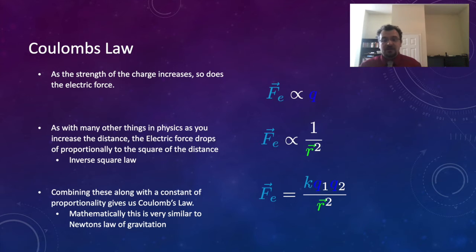So it's going to be out. And if you have two negatives, that again makes a positive, so that's going to make that force out. So that's where we get the likes repel. The negative goes opposite the direction of the radius, and opposites attract is because that numerator is negative, and so the force is going to be in that same direction as the radius.